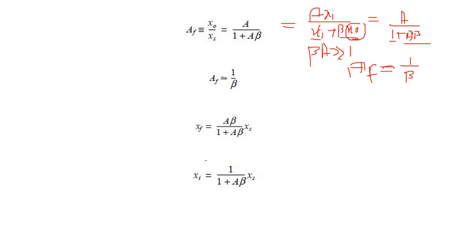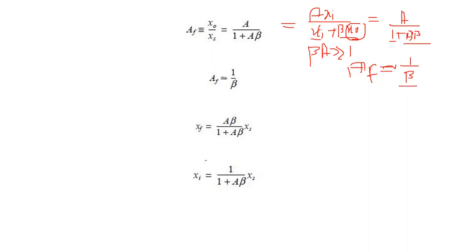So this is almost equal to 1 by beta. This gives an important result which indicates that if the loop gain is greater than 1, then the feedback amplifier gain is completely dependent on the feedback network, that is beta.